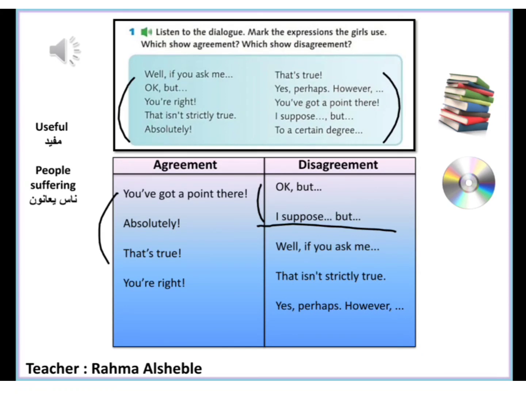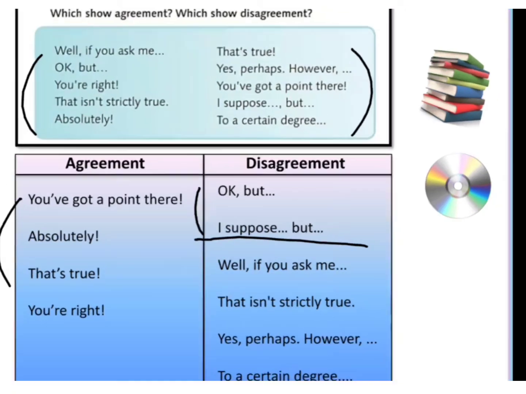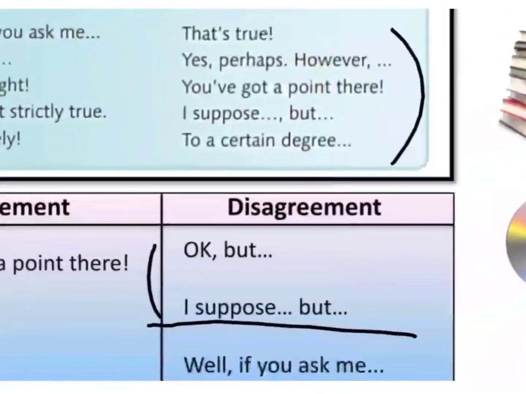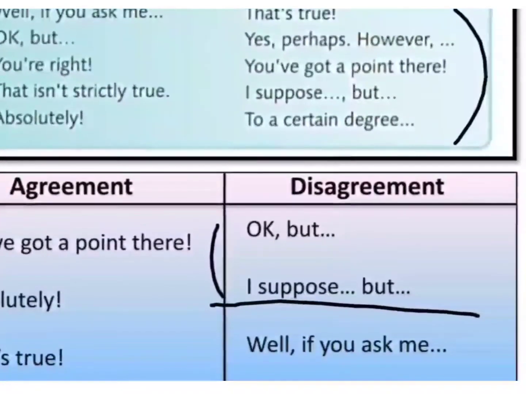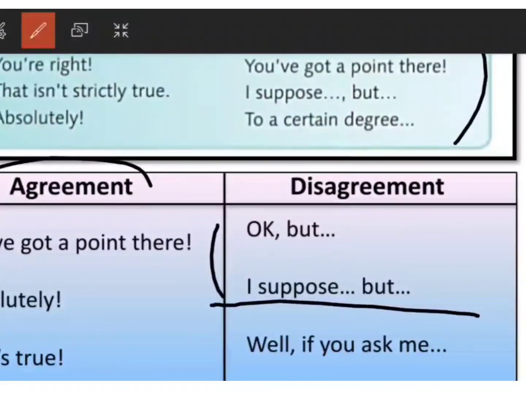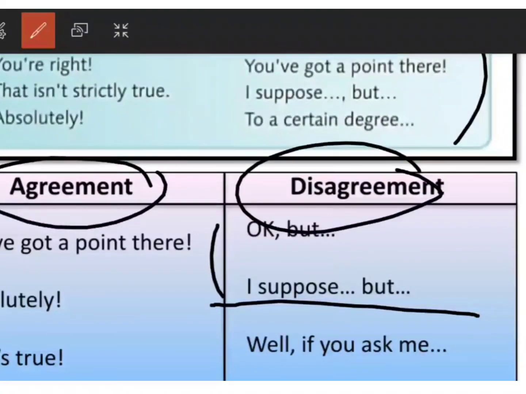However also shows disagreement. It means in any case. After however it's like but, after it there's a different opinion. To a certain degree, also disagreement. So here are the expressions that show agreement or disagreement.